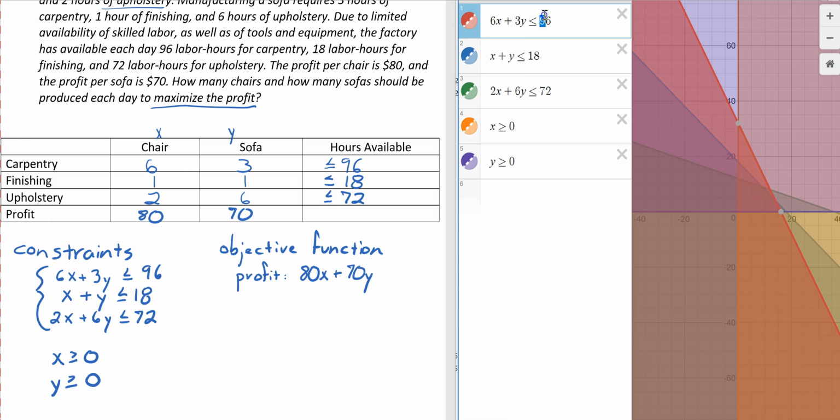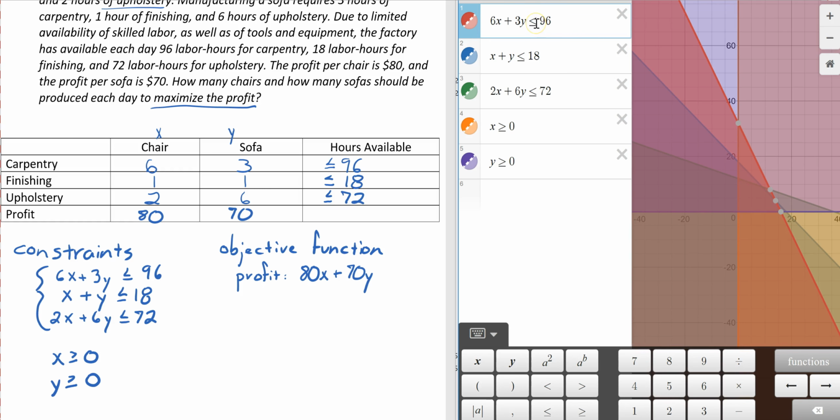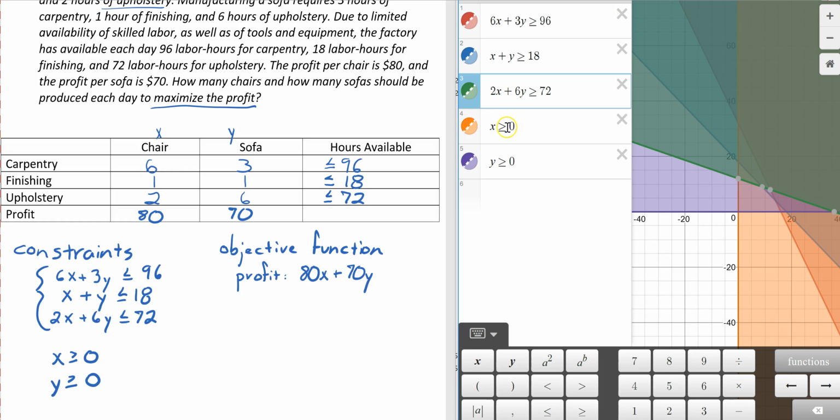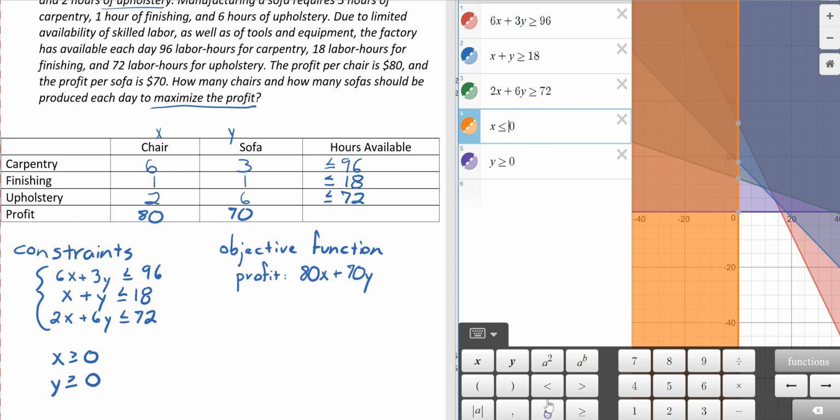So I go back up to where my inequality is and change it from a less than or equal to a greater than or equal to. And similarly, I take this next one, which is also less than or equal to, and change it. Instead of shading the true solutions, I am shading the false solutions.